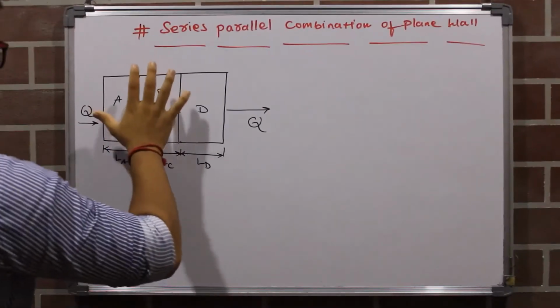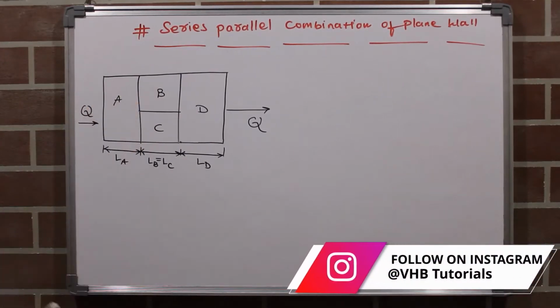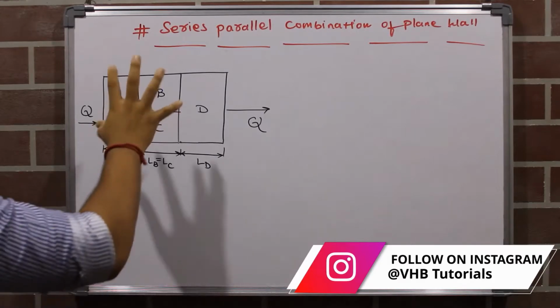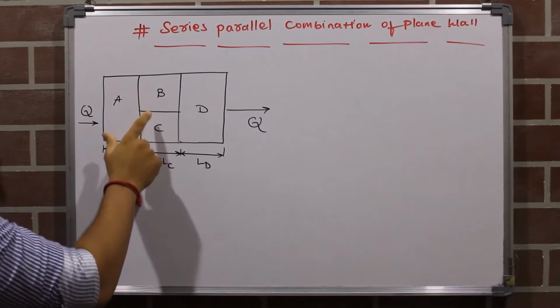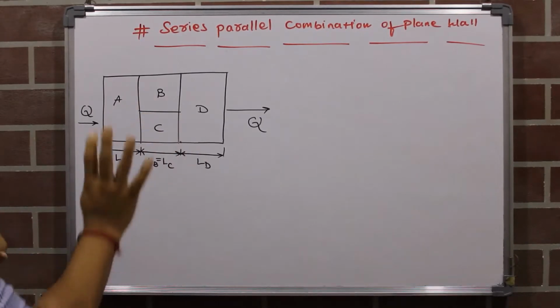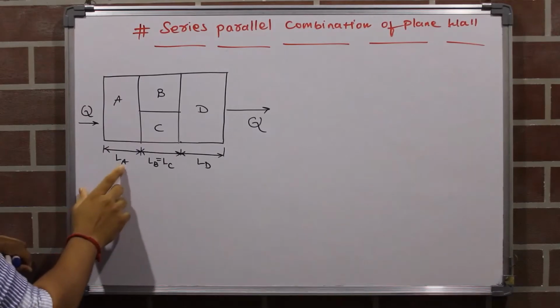So this is the combination of series and parallel walls. First we will see how many walls are here. This is the first wall, second, third and fourth, which means 4 walls are there. The thickness of the first wall, wall A, is LA.